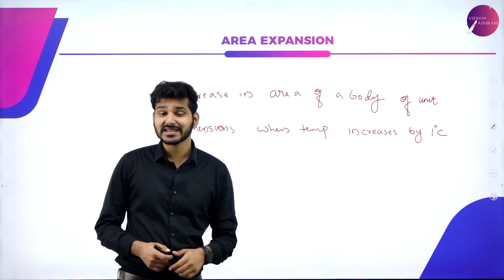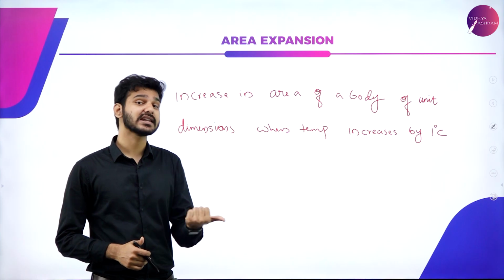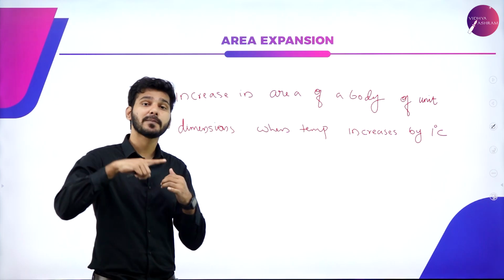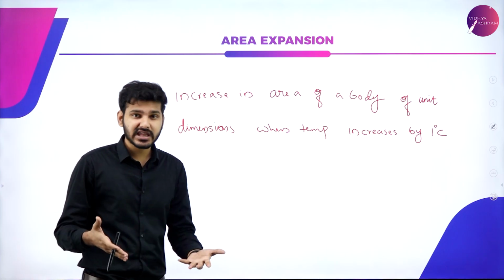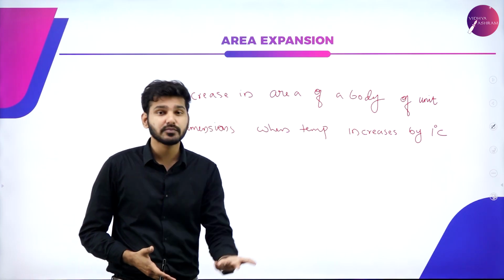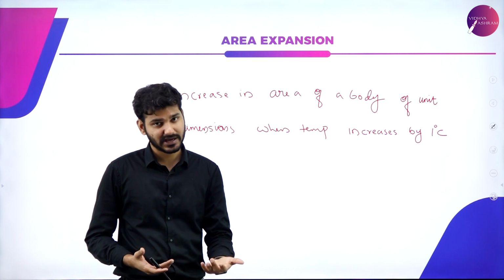So the next thing is area expansion. What exactly is area expansion? When you apply temperature to any body, the increase in area because of that increase in temperature is known as area expansion.